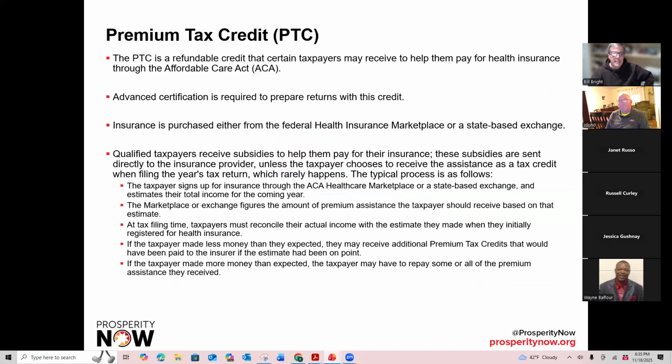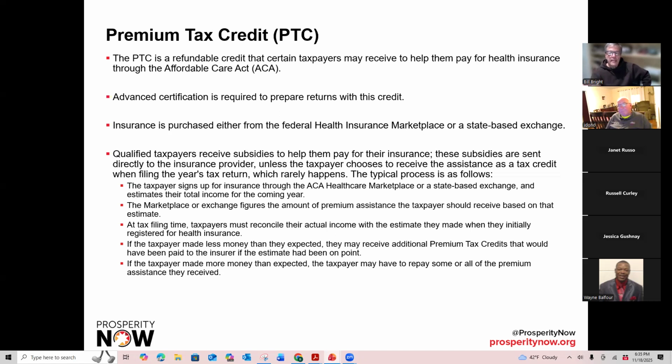Actually, I'm not going to spend a whole lot of time on this, because the issue here is when you sign up, like right now during open enrollment through the marketplace for healthcare in 2026, you have to indicate what you think your income is going to be for 2026 based on where you live, et cetera, and the size of the household. The software will calculate what your part of that is going to be, what you're going to have to pay. A year from now, you're going to have to reconcile all that.